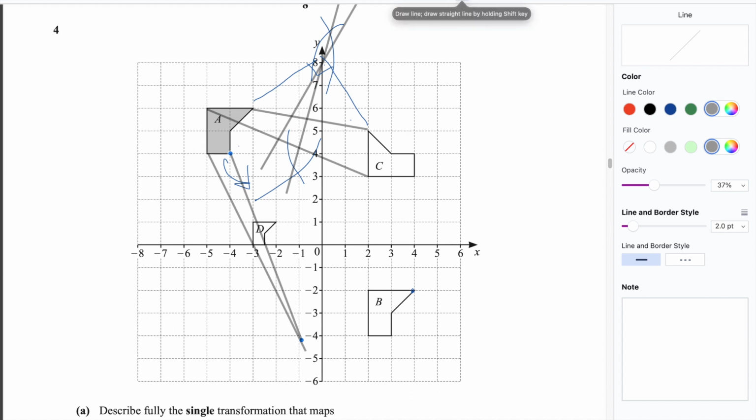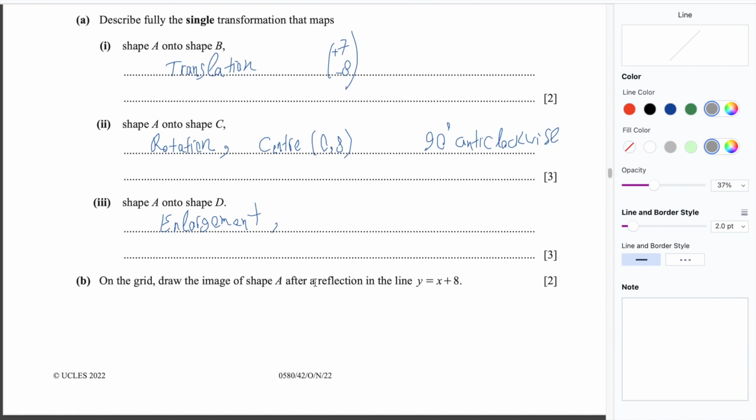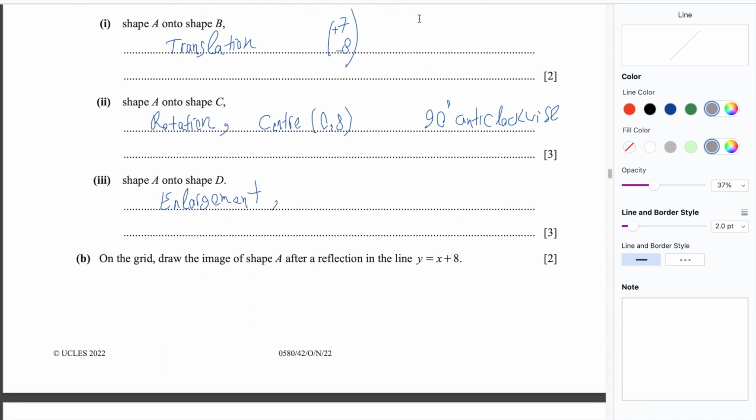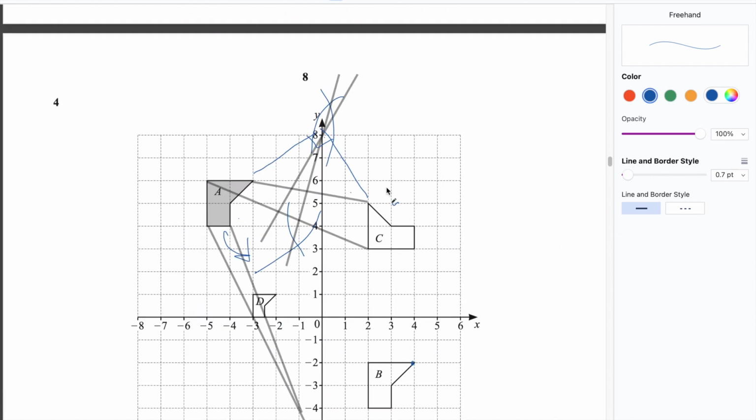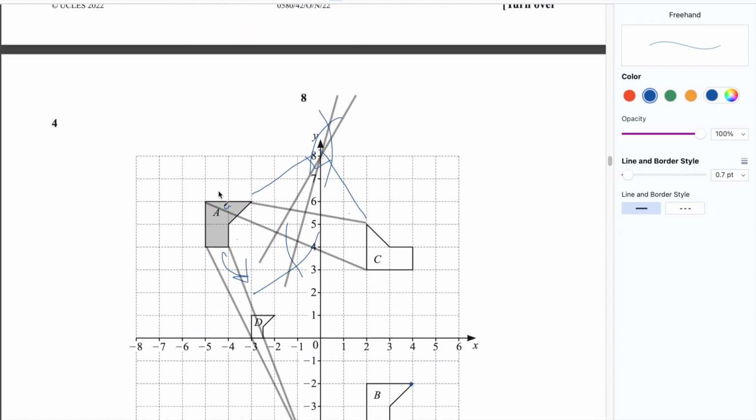As you see, if you construct for the other points, 2 is enough. They will meet each other at point (-1, -4). So the center of enlargement is point (-1, -4).